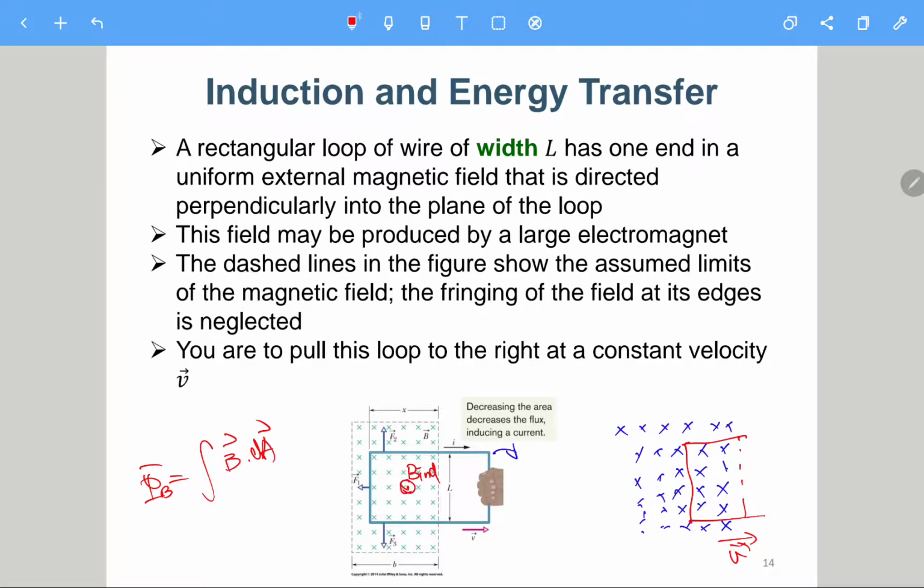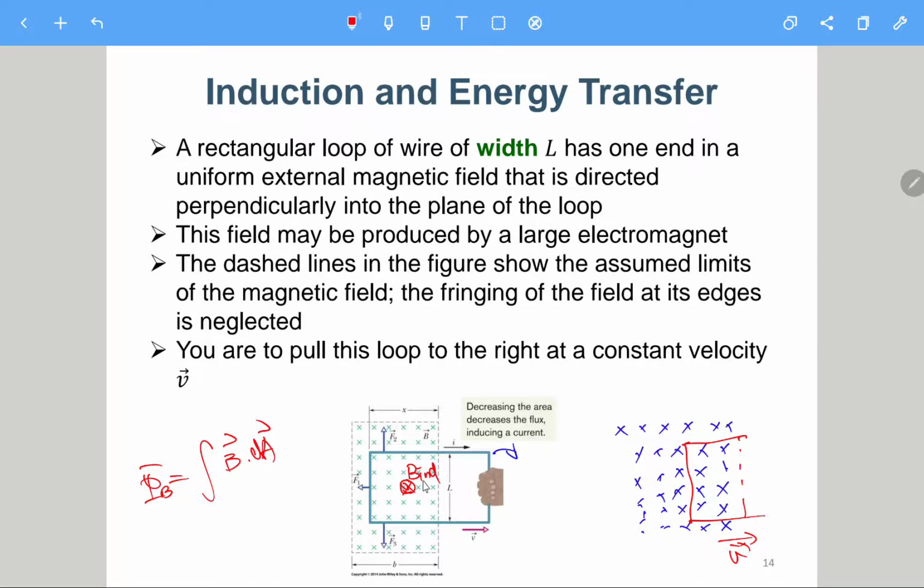So we know that B induced should be into the page, because the external B field is pointing into the page and it is increasing. So the B induced should be pointing into the page, which means that the induced current should be clockwise.